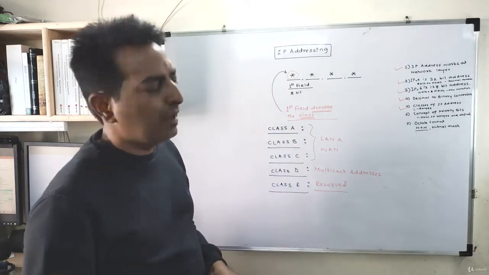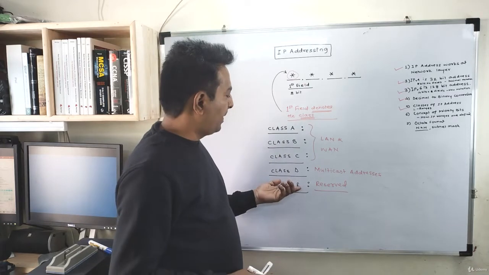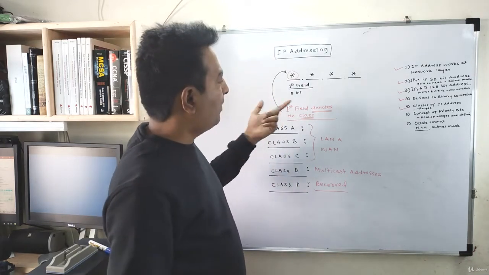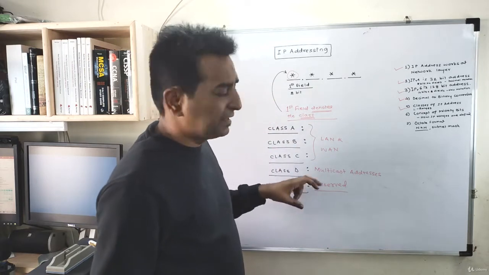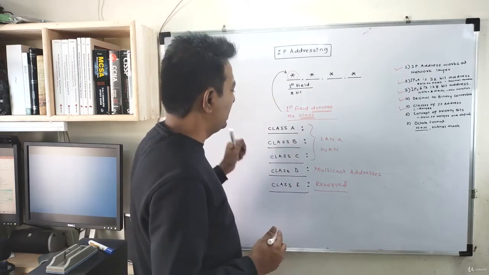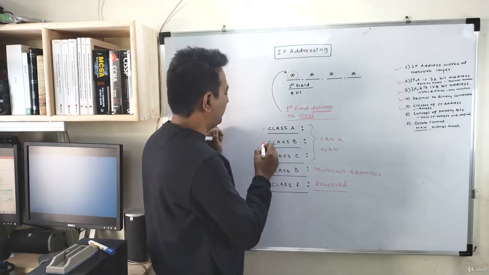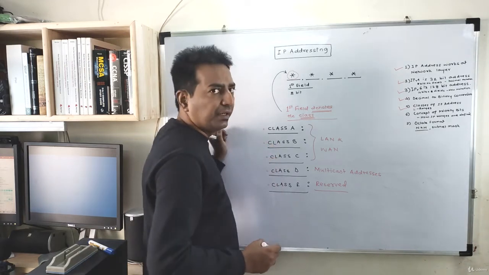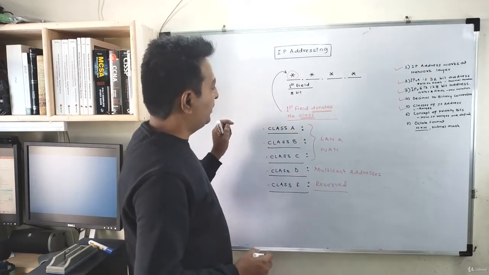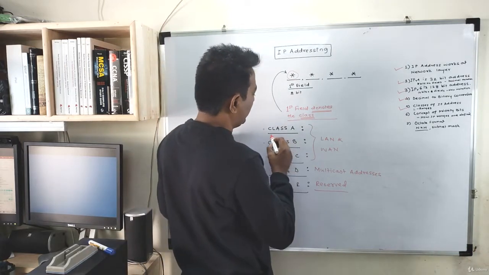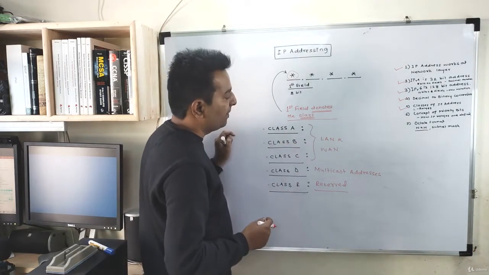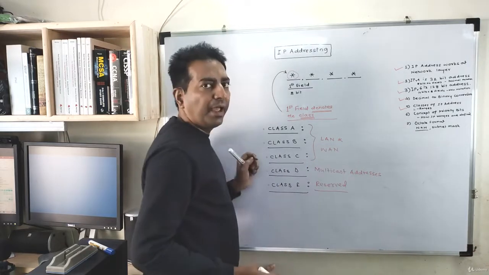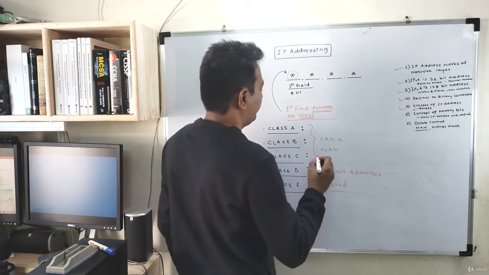There is a reason why these are reserved, but for us to understand the concept of different classes, let us first see what those classes are and what their use is in day-to-day life. As you can see, class A, B and C are used for LAN and WAN networks.